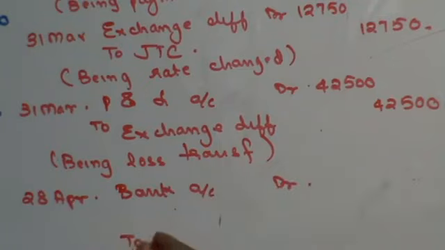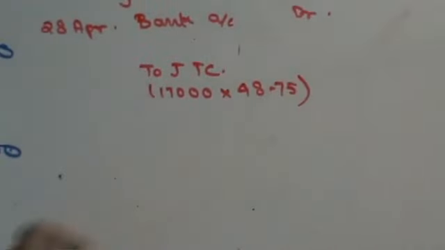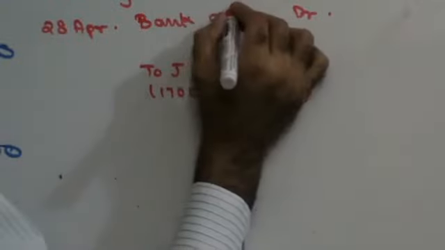to Jelly Trading Company. Now since I've changed the rate, I have to consider the 31st March rate. So your $17,000 is going to be at the rate of 48.75, and on 20th April it was 48.9.